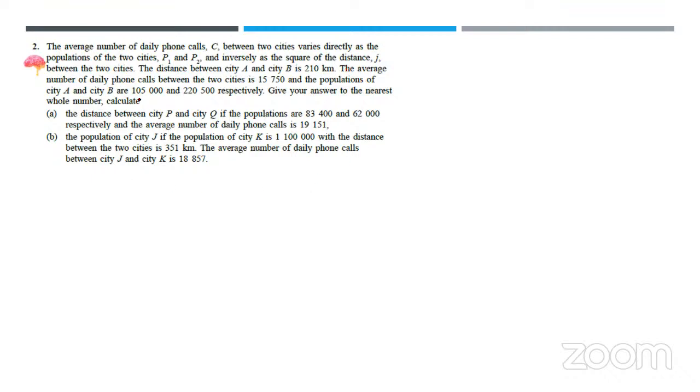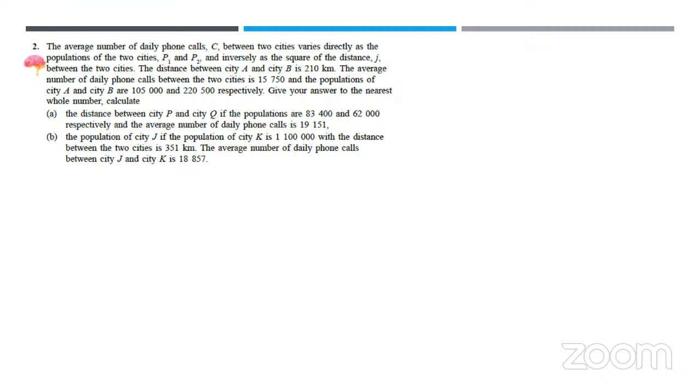The average number of daily phone calls between the two cities is 15,750, and the populations of city A and city B are 105,000 and 220,500 respectively. Give your answer to the nearest whole number. Calculate the distance between city P and city Q if the populations are 83,400 and 62,000 respectively, and the average number of daily phone calls is 19,151.